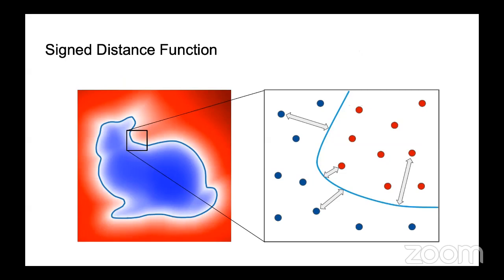Signed distance function is a volumetric field where the magnitude at a point represents the distance to the closest surface, and the sign indicates whether the point is inside or outside of the shape. Thus, the surface is implicitly represented as the zero level set, where the SDF value is equal to 0.